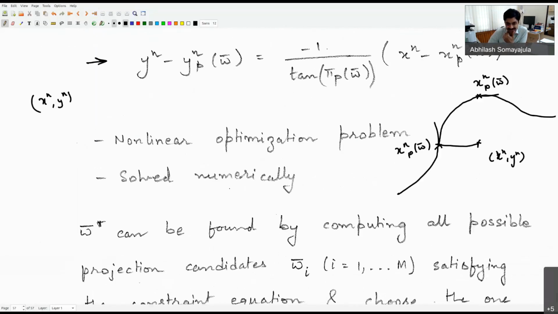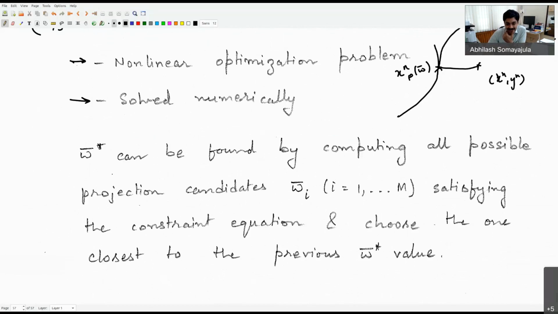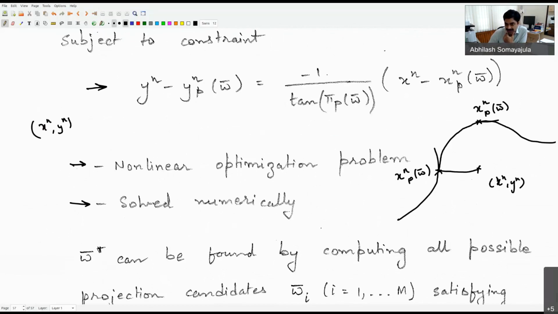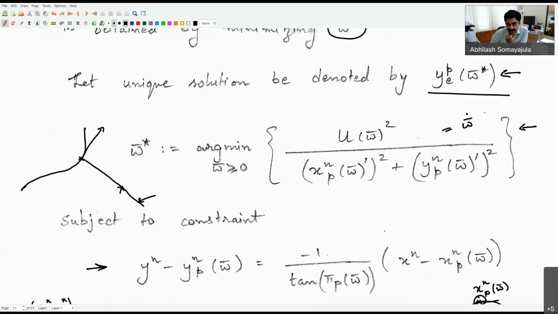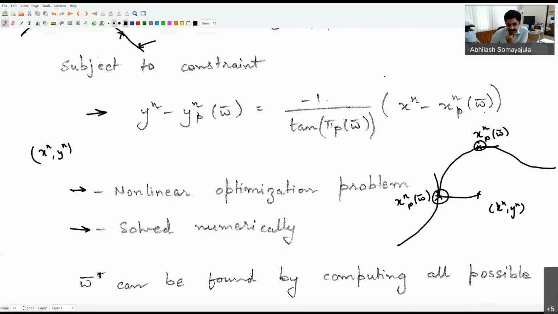All right. Now, that is the only difference here. It has turned into a so-called nonlinear optimization problem, which technically has to be solved numerically. But many times we can just figure out the possible points at which the path can be tangent to the line connecting the perpendicular from the vehicle to the curve, choose those candidate points, simply evaluate where the value of omega bar dot is minimum, and choose that.